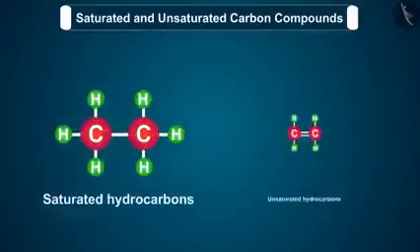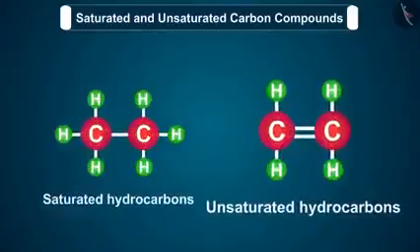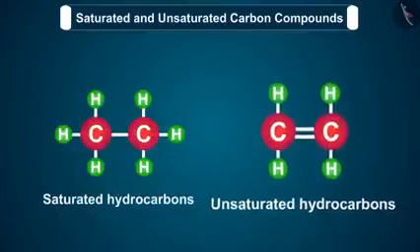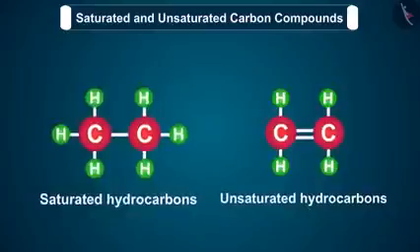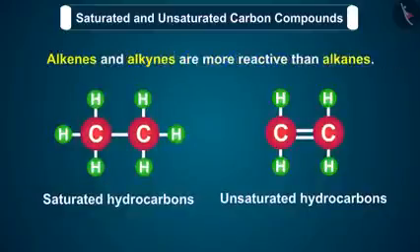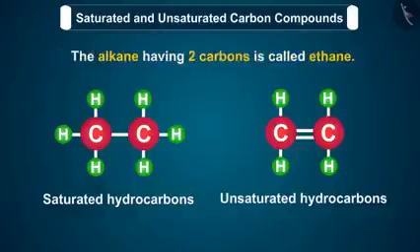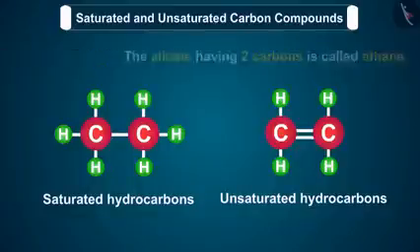Also children, you should know that the unsaturated hydrocarbons are more reactive as compared to saturated hydrocarbons. In other words, alkenes and alkynes are more reactive than alkanes. The alkane having two carbons is called ethane.